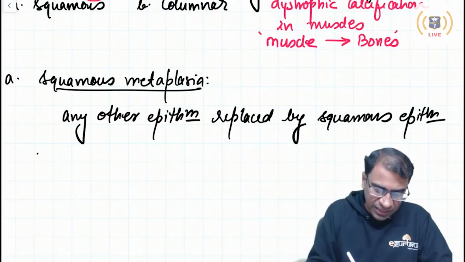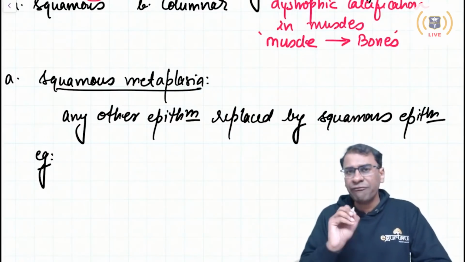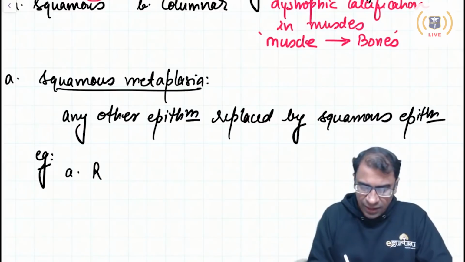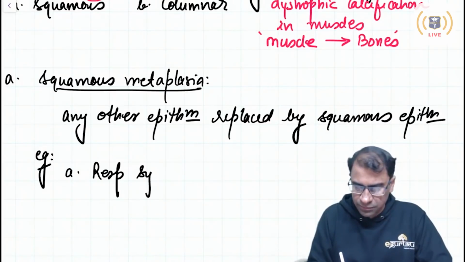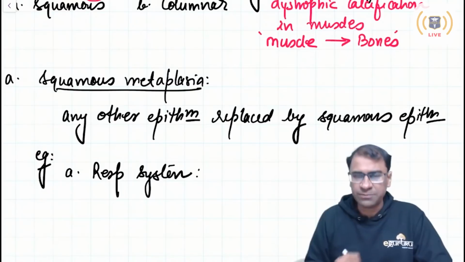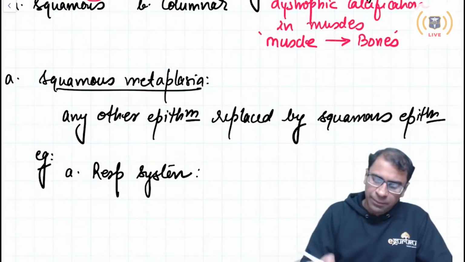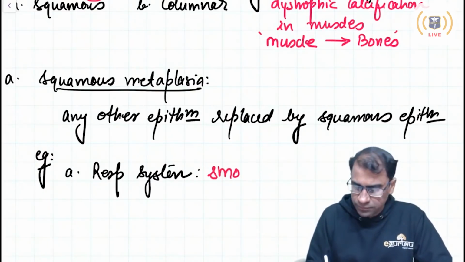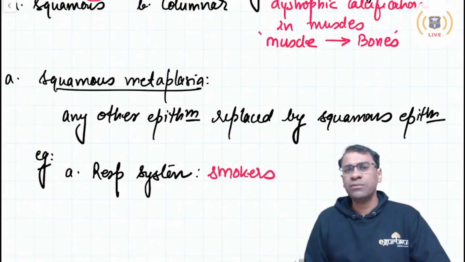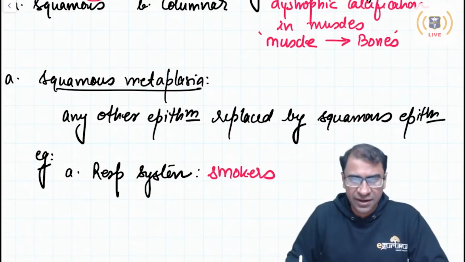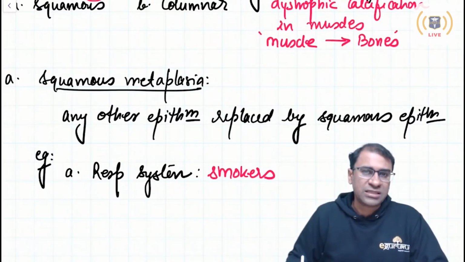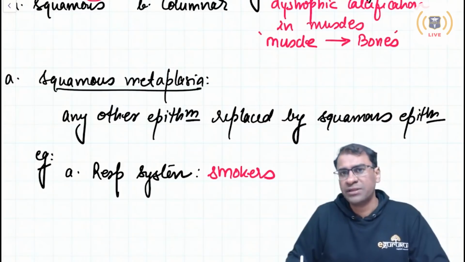Remember this example. The first example you must remember here, A, is the respiratory system, in a person who is a smoker. The respiratory system normally has ciliated pseudostratified columnar epithelium. Because of smoking, the ciliated pseudostratified columnar epithelium will change to squamous.